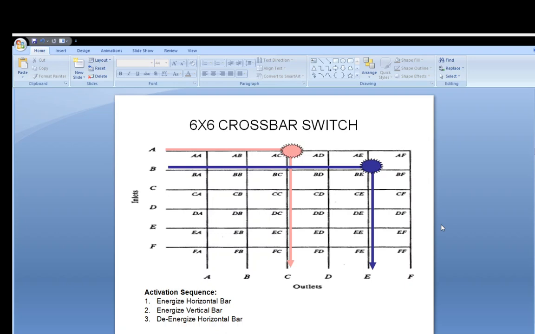That means first of all, for this call, horizontal line B will be energized and then vertical line E will be energized, and definitely there will be a call possible between A and C as well as B and E. But a big but: while applying the connection between B and E, a connection is also set up between B and C at this point, and also there is a possibility of connection between line A and E.